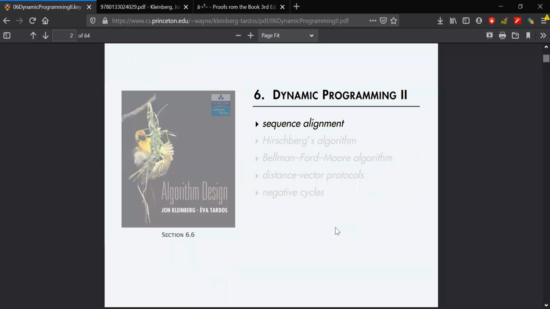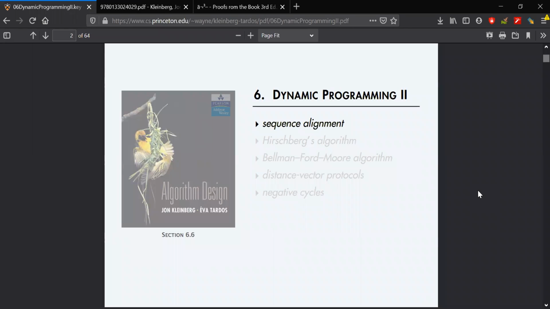We are first looking at the sequence alignment problem. It's dynamic programming. How many of you have already read this and are very comfortable with it? Sir, I read it, but I am not confident that I am very comfortable.